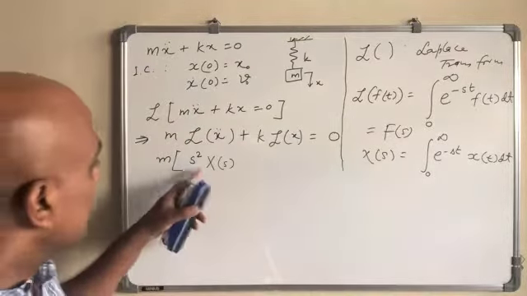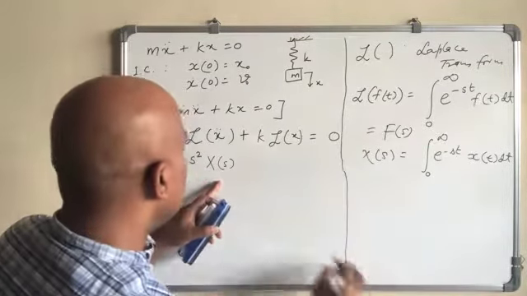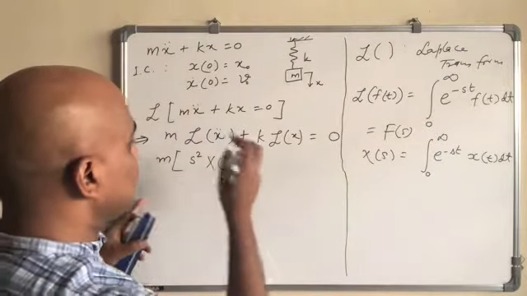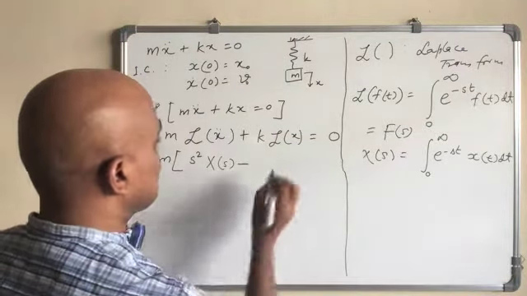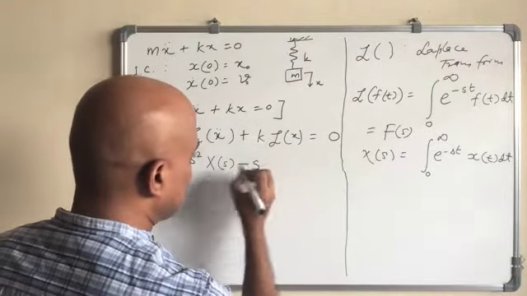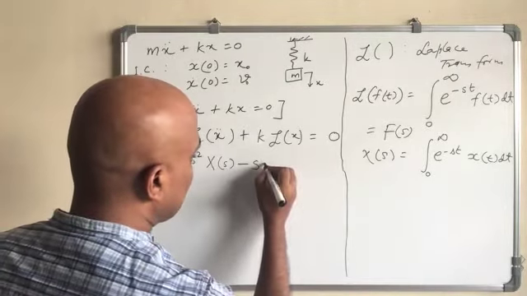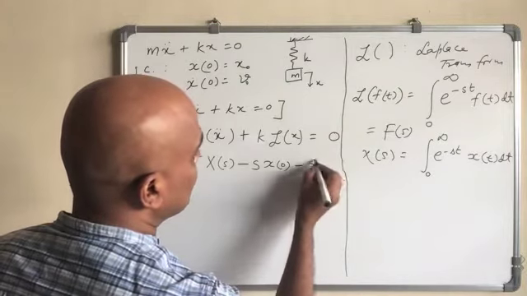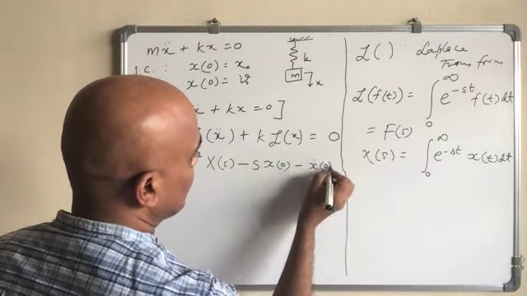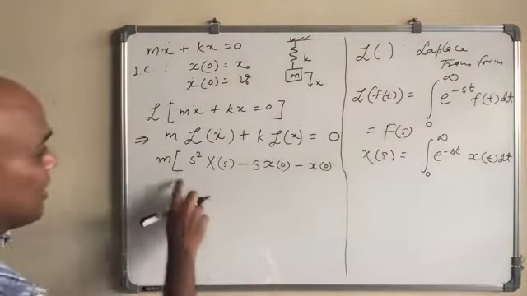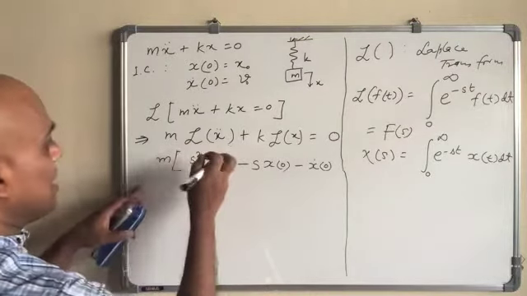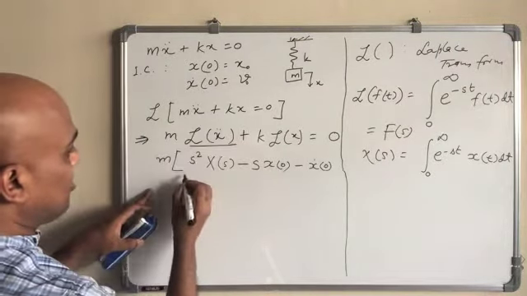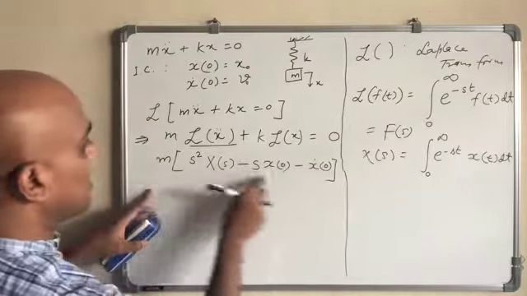So s square X(s), then you have minus s times x(0), and then minus x dot(0). This is from here to here, multiplied by m.